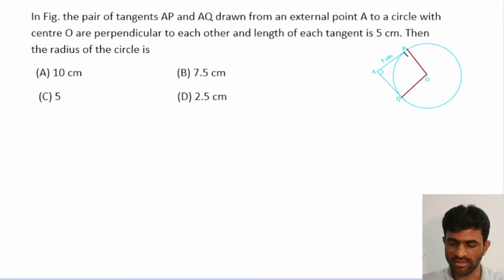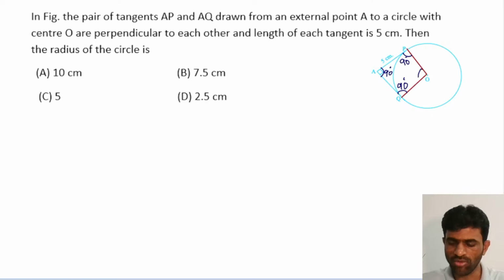So this angle is 90 degrees and this angle is 90 degrees. Each angle between tangent and radius is 90 degrees. Already at angle A, it is given that the two tangents are perpendicular to each other. So angle at A is also 90 degrees.